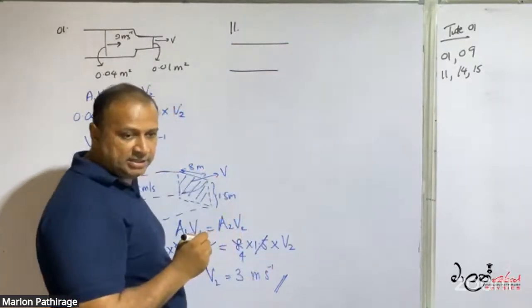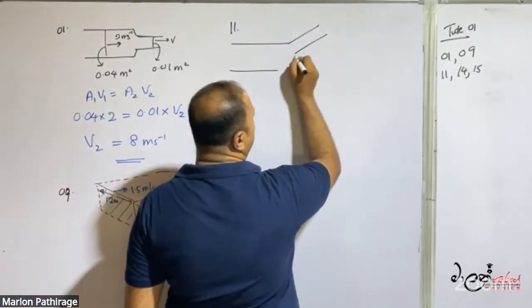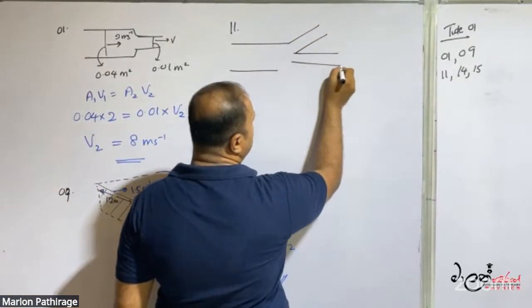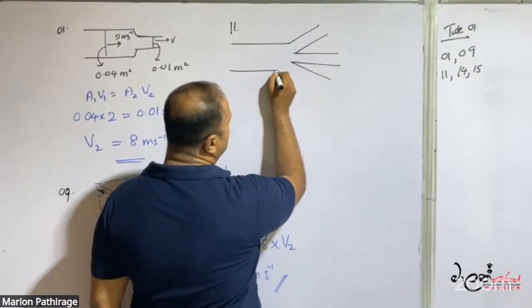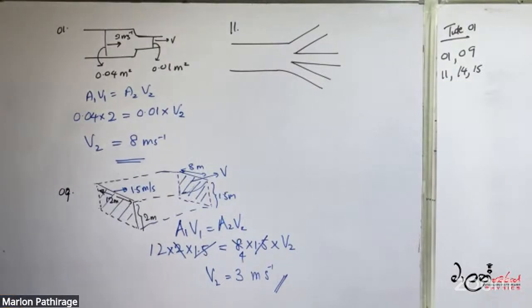Now, a large diameter pipe is split into 3 pipes. The larger diameter is 0.2.